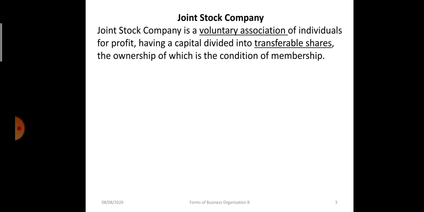So we can say that, I am repeating, underlined words are there, keep them in mind. Joint stock company is a voluntary association of individuals who come together to undertake a business activity for earning profits. The capital of the business is divided into small equal units which are easily transferable and are known as shares.